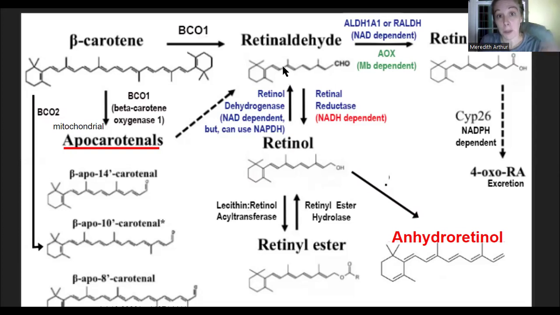But I believe that too much retinol aldehyde, like if you get stuck here, can cause a thing called lipofuscin. And lipofuscins are a combination of ethanolamine and retinol aldehyde, and makes A2E. And I think that this is a contributor to dementia. A2E aggravates microglia cells, so I think that it causes damage in the brain, basically.